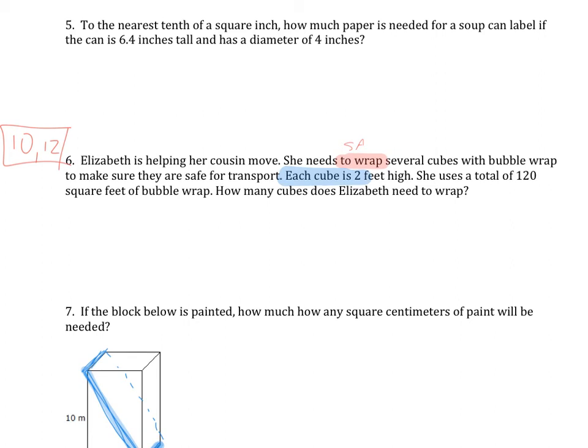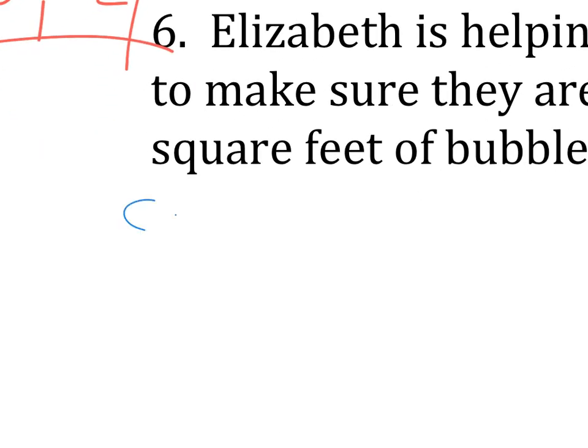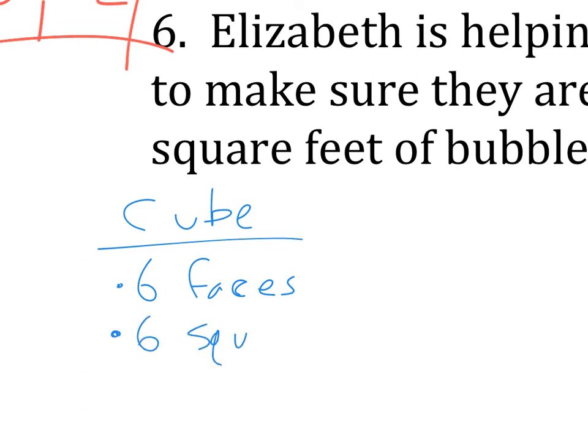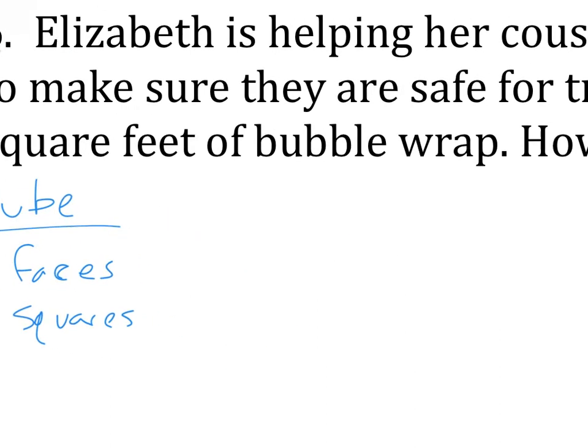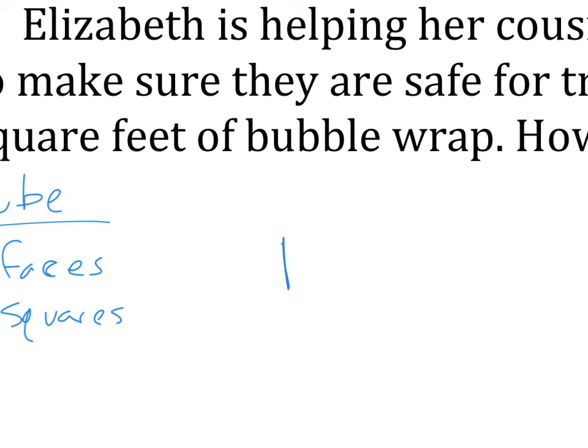A cube is made up of 6 faces. Let's just write this down. Cube. It's got 6 faces. And think about what shape each of those faces are. They are 6 squares. So if the height is 2 feet, that means the width is also 2 feet, or the base. So our cube is 2 by 2.